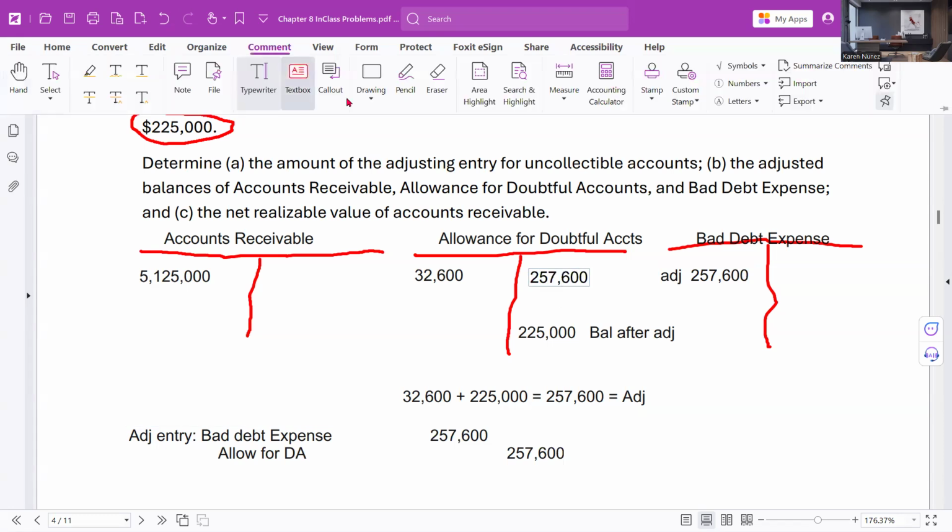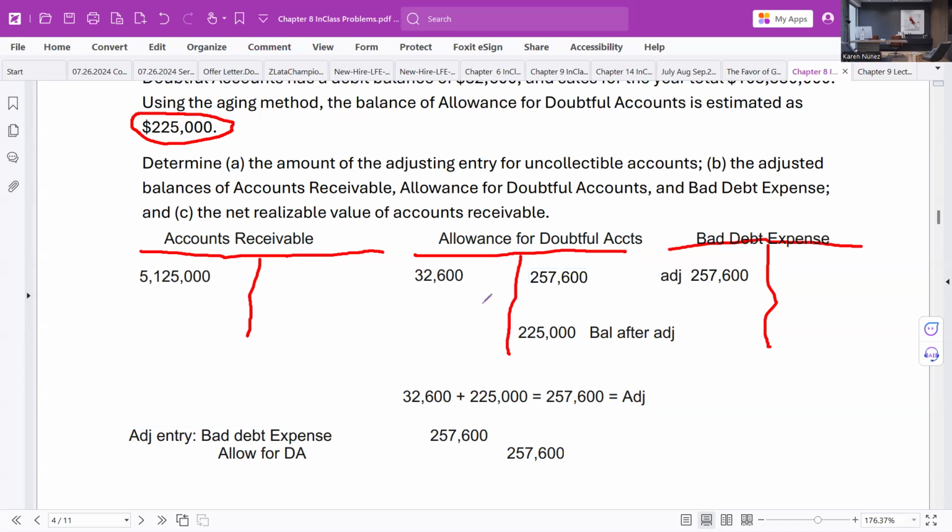Now, when we balance this account, this debit offsets this credit such that the balance now in the account is 225. 257.6 minus 32.6 gives us 225. So the amount of the adjusting entry is the 257.6.